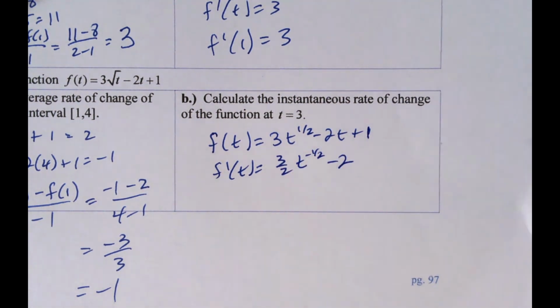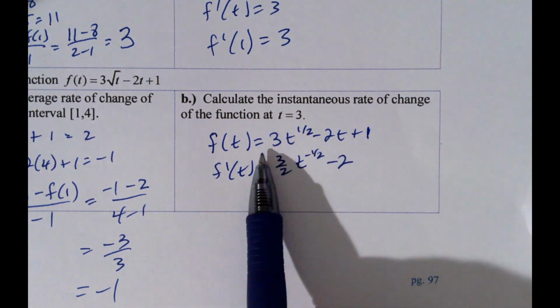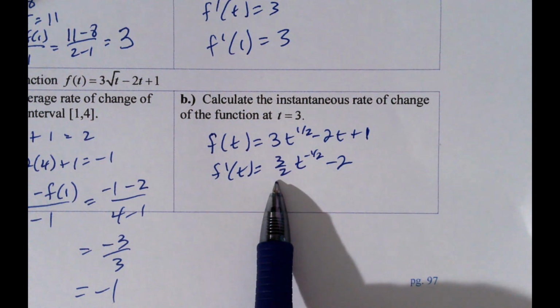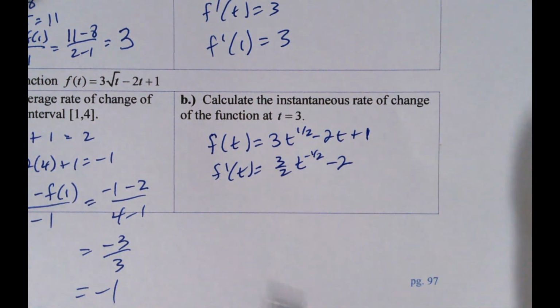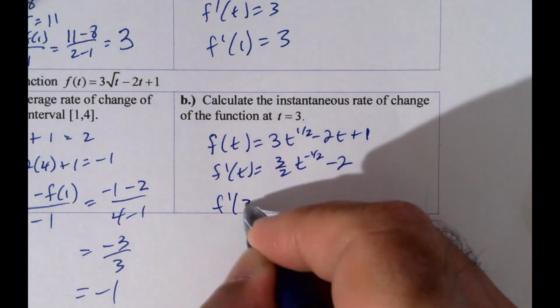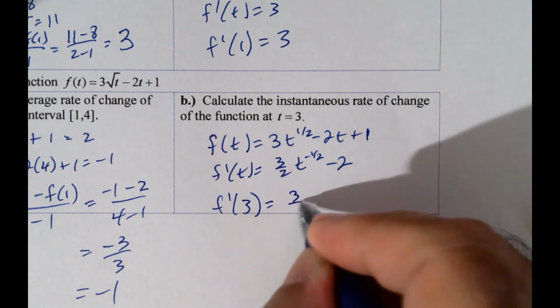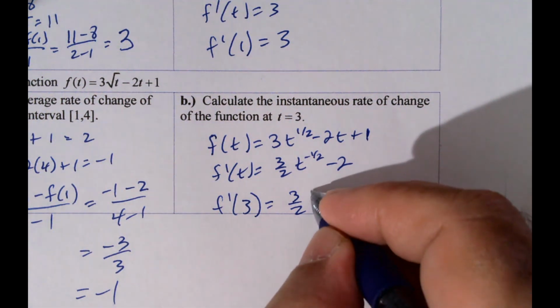The derivative of 1 is 0, so that goes away. I bring down the half, 1 half times 3 is 3 halves, and then 1 half minus 1 is negative 1 half. Then we plug in the 3. So f prime of 3 equals 3 halves, and this is where you probably should rewrite this with positive exponents. I didn't do that, so I'll do that in a second.